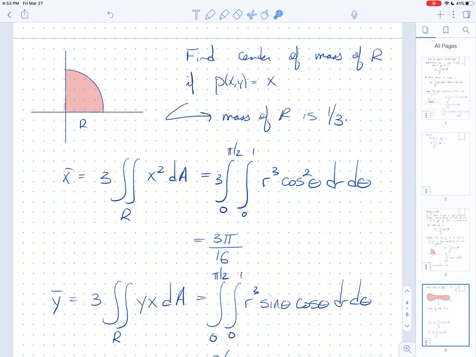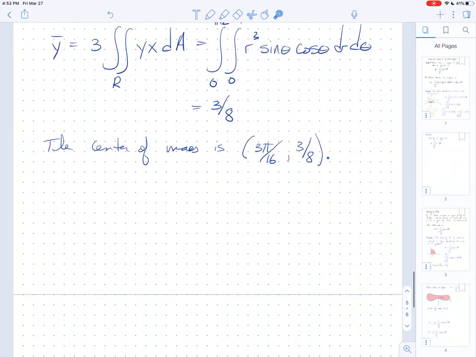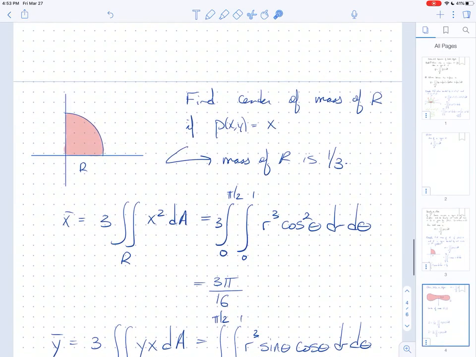We're saying the center of mass of a thin sheet with this shape and this density function is going to have that center of mass. If you change the density function, you're going to change the center of mass. So you can have the same shape and a different center of mass depending on density. That seems clear, but I just want to make sure that was communicated.